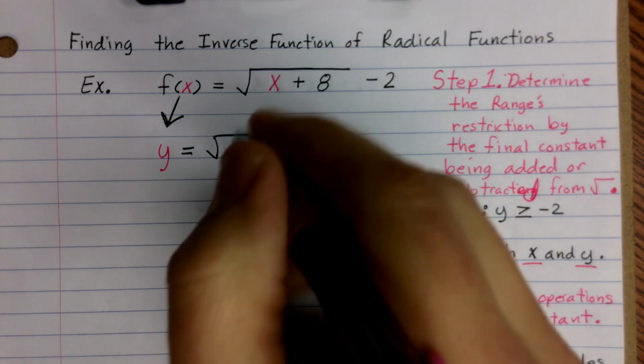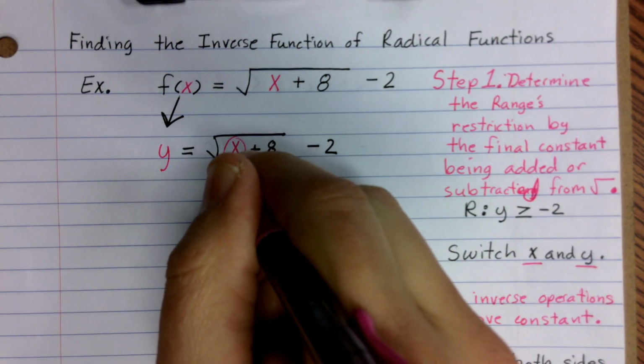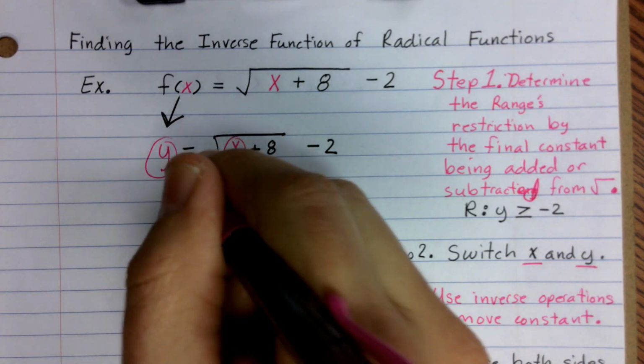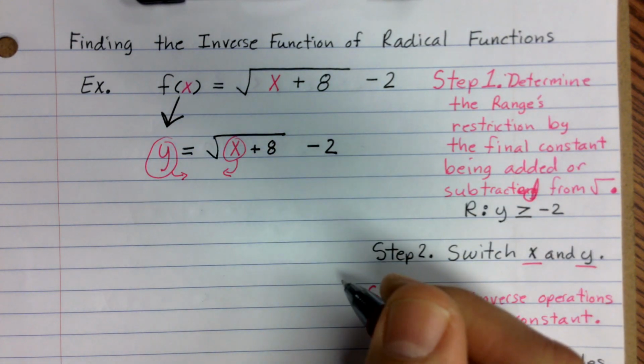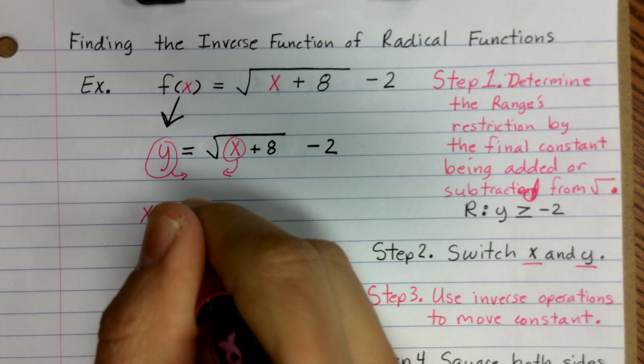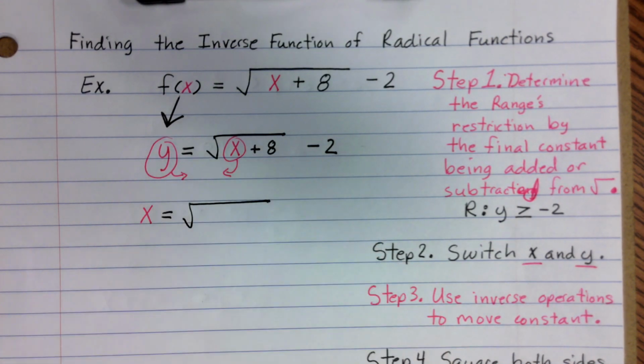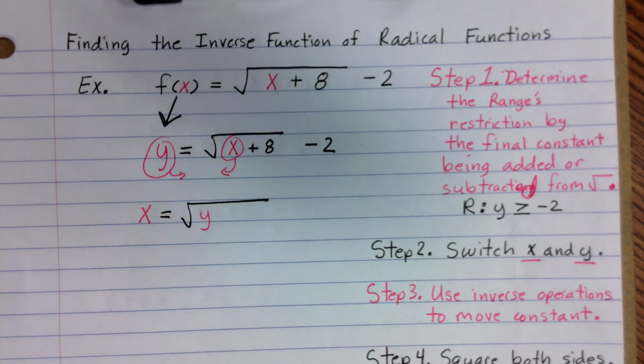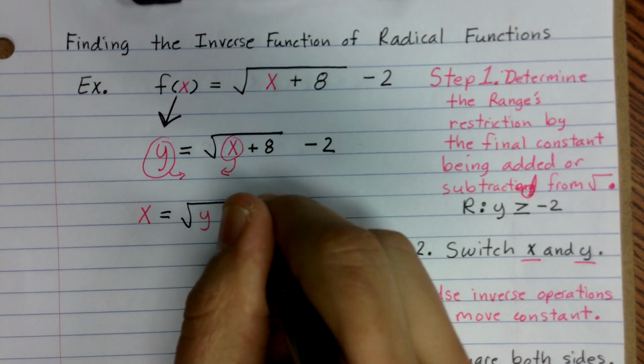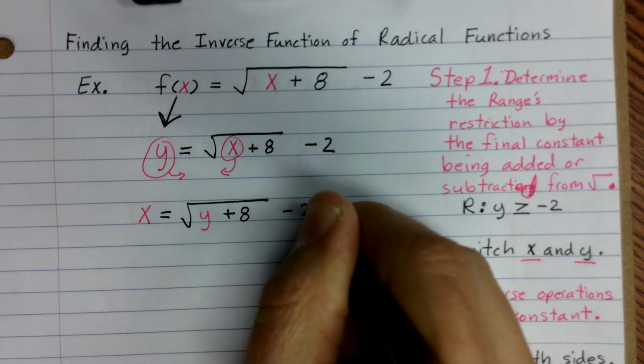Now when I switch these, I'm going to take the x and move it to the left where the y is, and take the y and move it to the right where the x is. So therefore this becomes x is equal to the square root of y plus 8 minus 2.